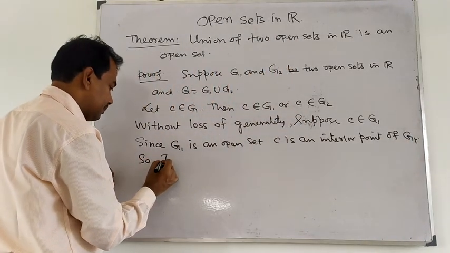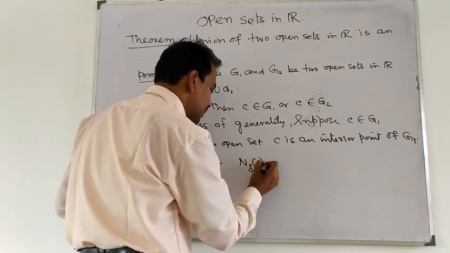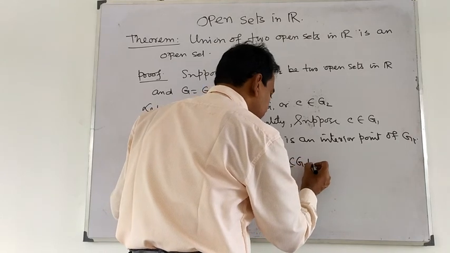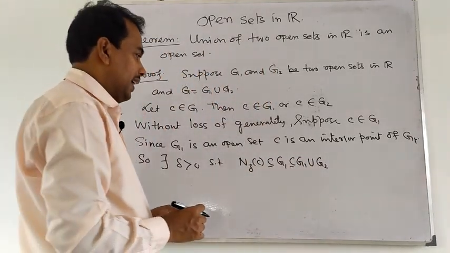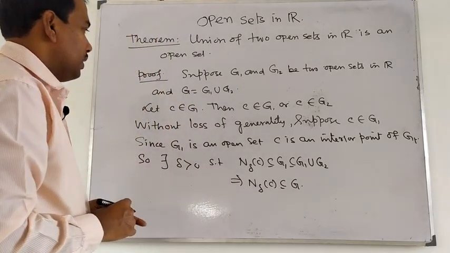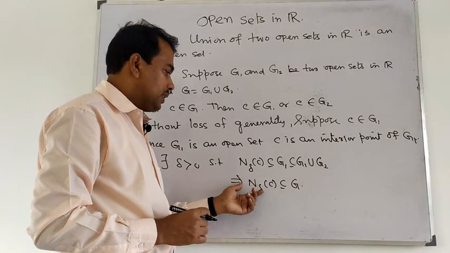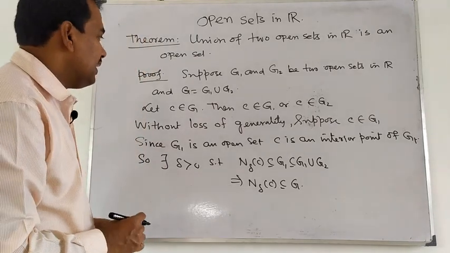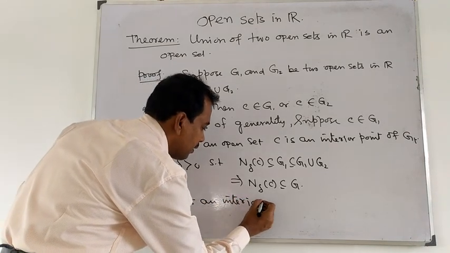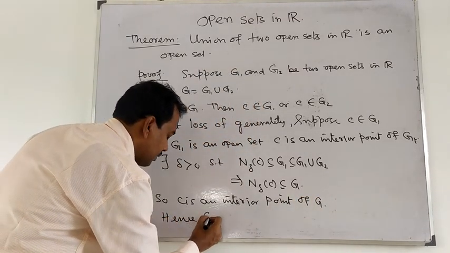So there exists delta greater than 0 such that N(delta, c) is a subset of G1, which is a subset of G1 union G2, and this is equal to G. This implies N(delta, c) is a subset of G. So we take any point c from this set G and we get a neighborhood of c which lies wholly in G. So c is an interior point of G. Hence G is an open set.